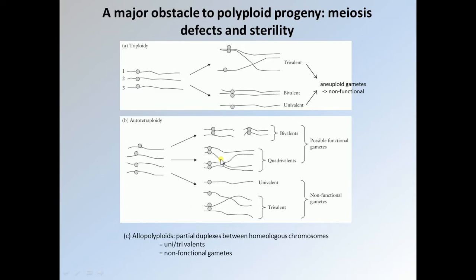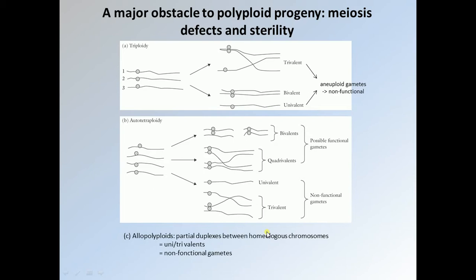And in the case of allopolyploids, all this is valid. You have the same kind of problems, but on top of that, you have another problem. The pairing probably won't happen properly because, as we discussed before, allopolyploids come from different species, and the chromosomes from one species are the homologous chromosomes of the other species.